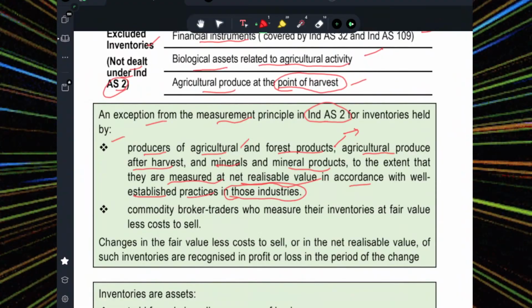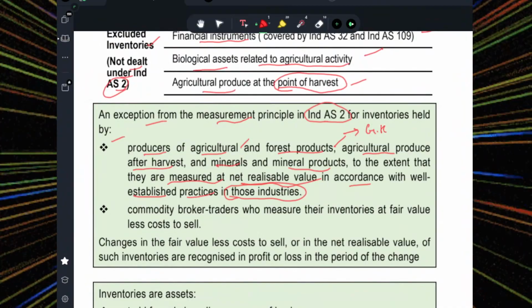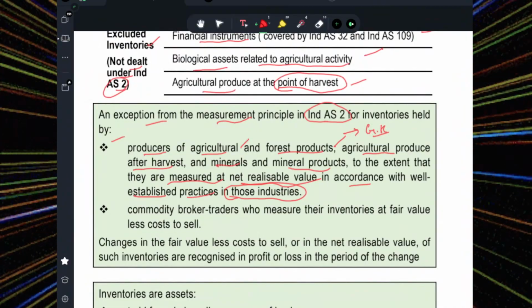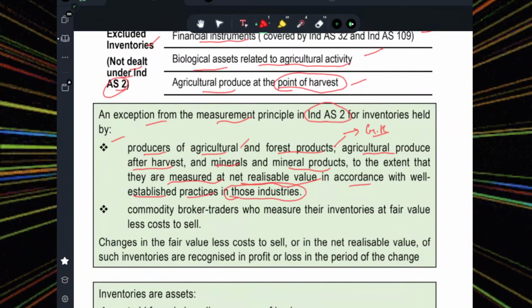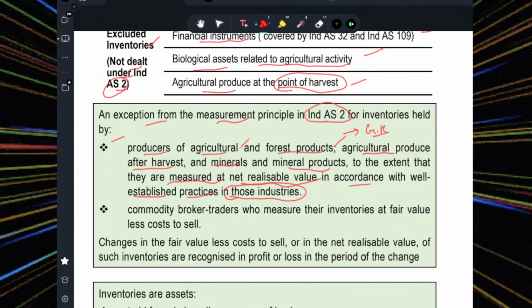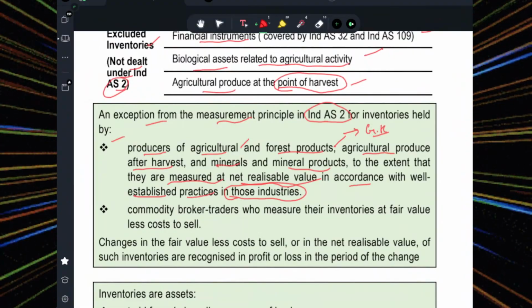So someone who has good knowledge of the value of goods, in the case of agriculture and mining activity, after the mineral has been mined and is ready to sell, can include it in inventory.